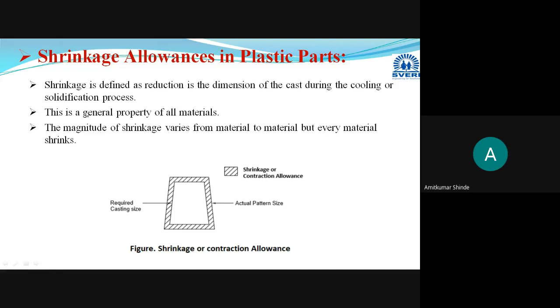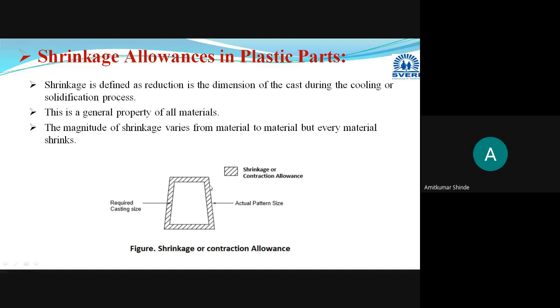Shrinkage is nothing but a reduction in the dimensions of the component. Suppose you are using one processing method, a reduction in the dimension will be there during the cooling or solidification process. This will be termed as shrinkage. To compensate for this shrinkage, one allowance is provided, which will be termed as shrinkage allowance.